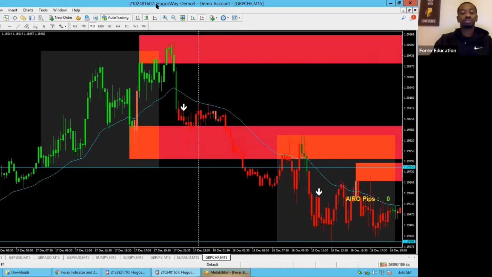All right, somebody asked the question, how do you understand the overall trend when you have an equal number of zones? When you have an equal number of zones, you do this. Let's go find one real quick here.